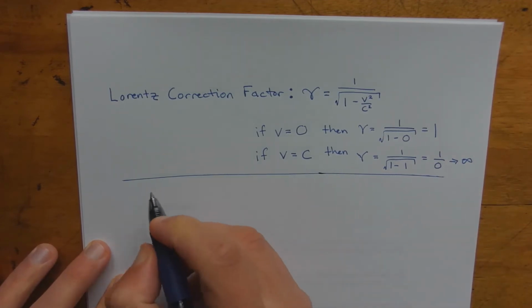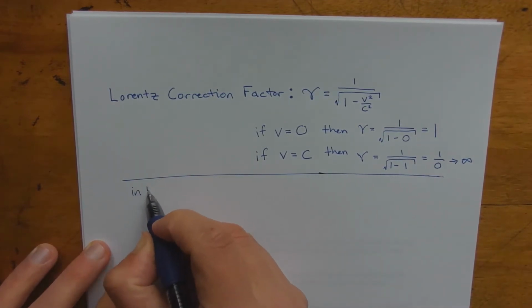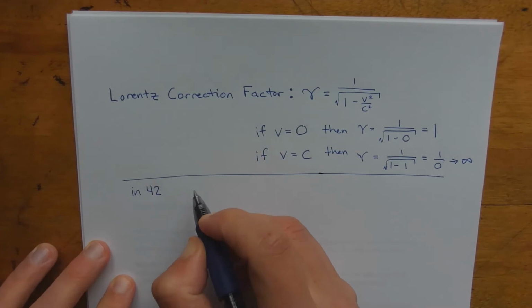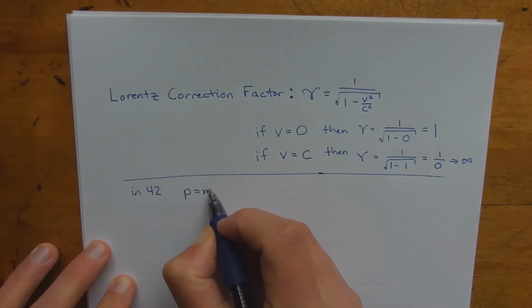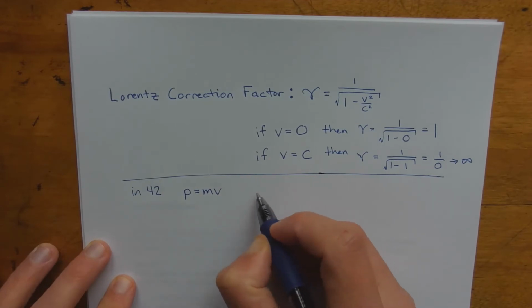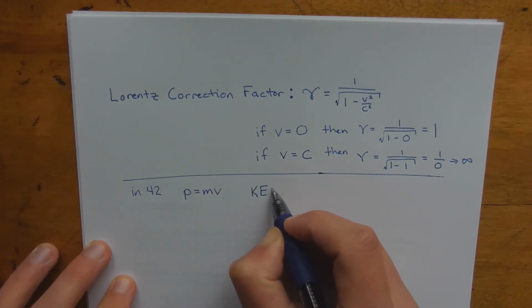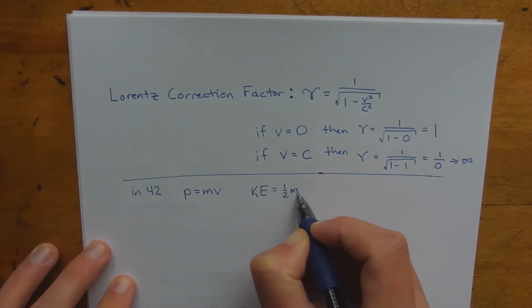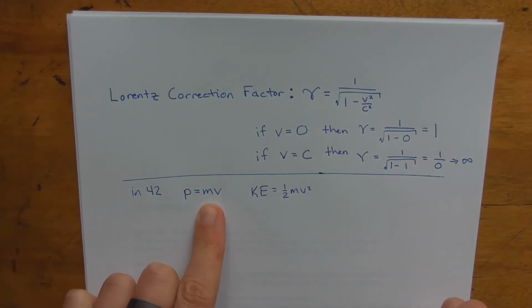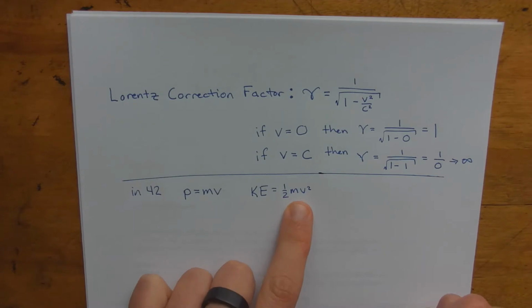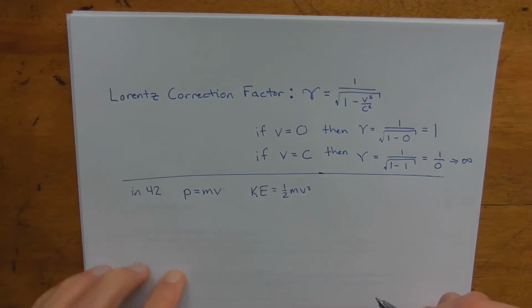In problem 42, from nuclear physics, we have the momentum is equal to the mass times the velocity. The kinetic energy is equal to 1/2 m times v squared. We have an m times v in the definition for momentum, and we have an m times v squared in the definition for kinetic energy. So we can relate the momentum and the kinetic energy.